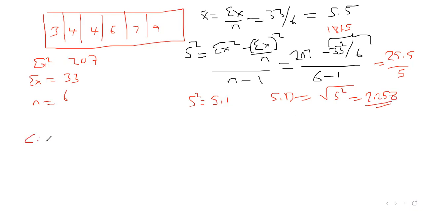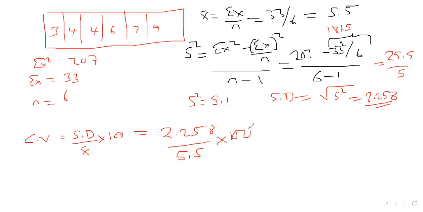Our coefficient of variation is the standard deviation over the mean times 100, in percentage. That is 2.258 divided by the mean, which we found as 5.5, times 100. This gives us 41.1%.